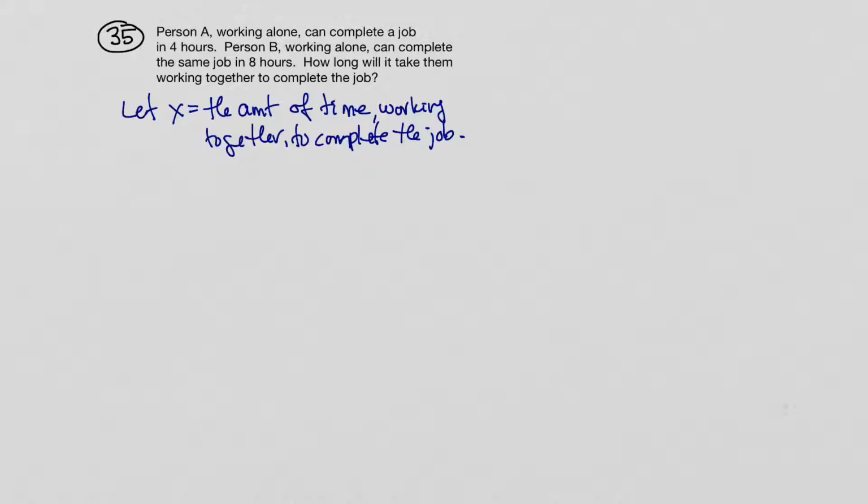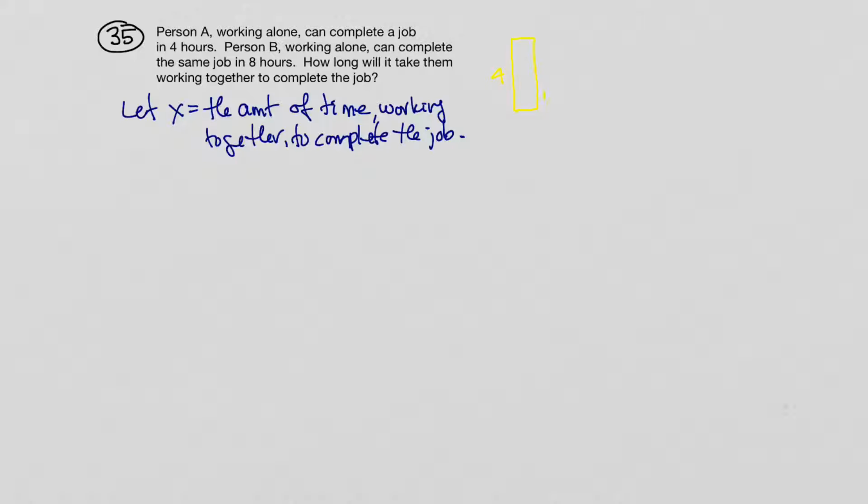Now, here's how I'm going to set this up. Person A takes 4 hours to complete the job, so I'm going to draw a little picture here. I'll draw it over here on the right. So suppose it takes person A 4 hours, so this is 4 hours, to complete the entire job. So I want to reduce everything just to 1 hour.